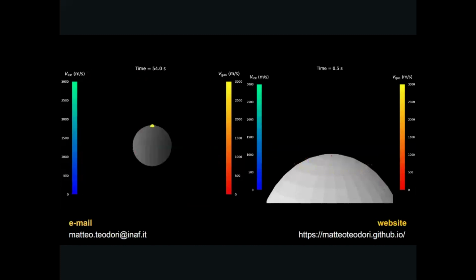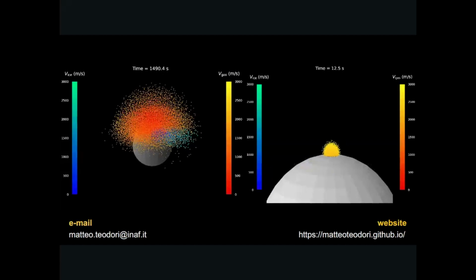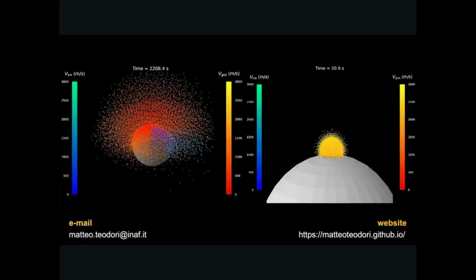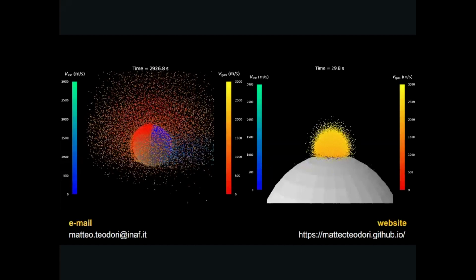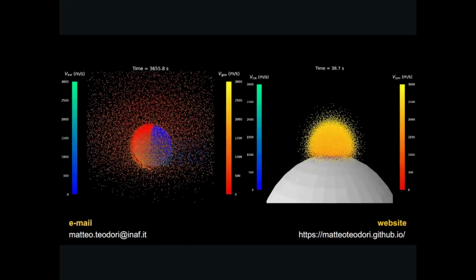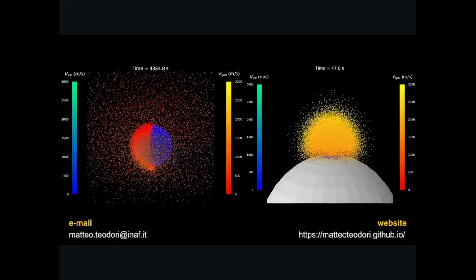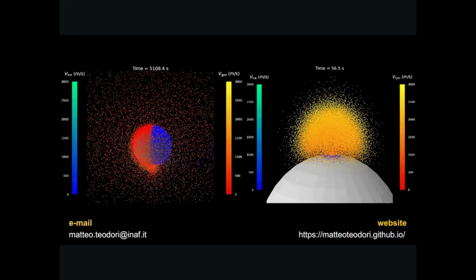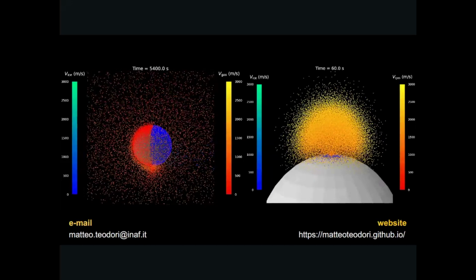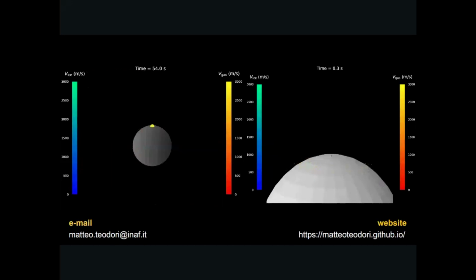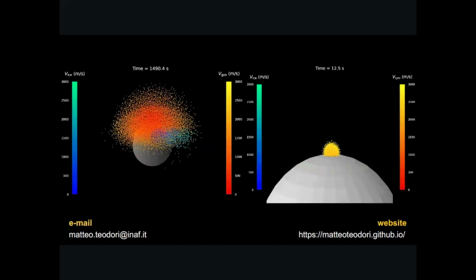Okay. Thanks, Matteo. Good job. I have one curiosity. Are there yet some models using this SPH approach for the fracture? As far as I know, there are not models using SPH.